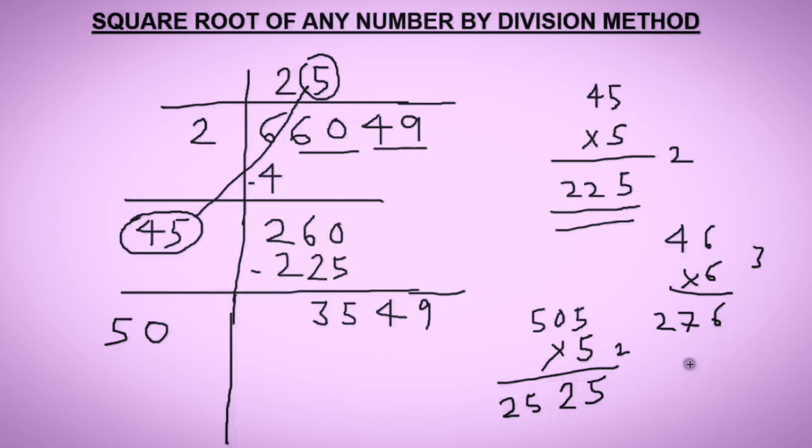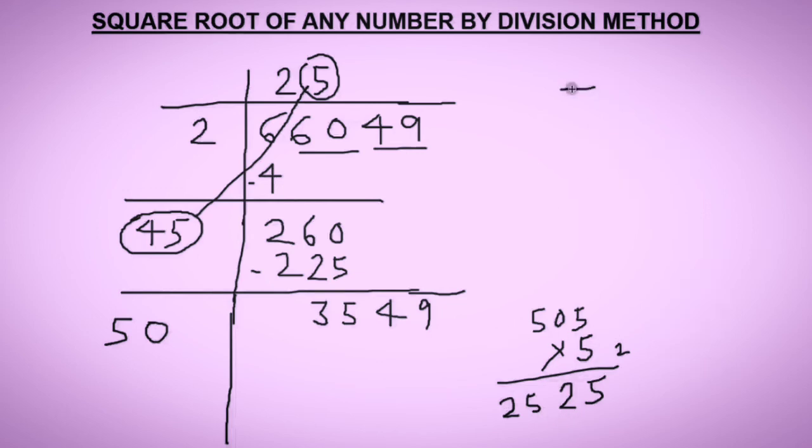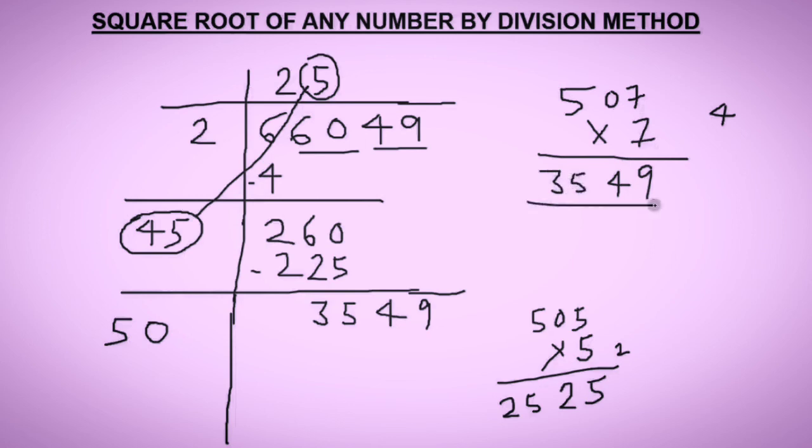Let us take 7. If we multiply 507 by 7, then let us check what we get. We will get 7 times 7 is 49. We will write 4 over here, and 5 times 7 is 35. Yes, we got it. The answer is exactly equal to our new dividend, right?